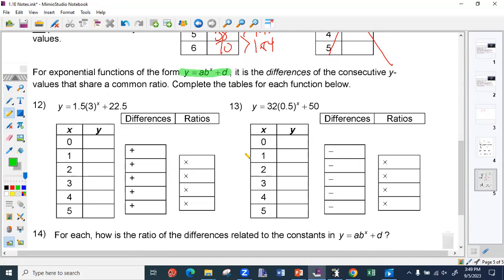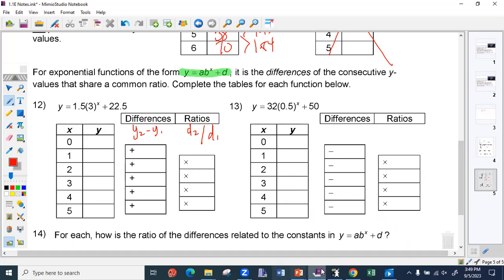You have to find the difference and then the ratio. Our difference is y2 minus y1, and our ratio is difference 2 divided by difference 1. This is going to work always for any exponential, but the first way only works if the exponential is in the original format.